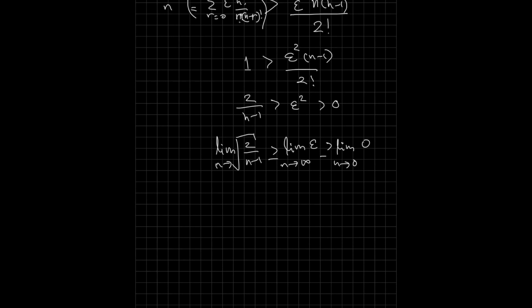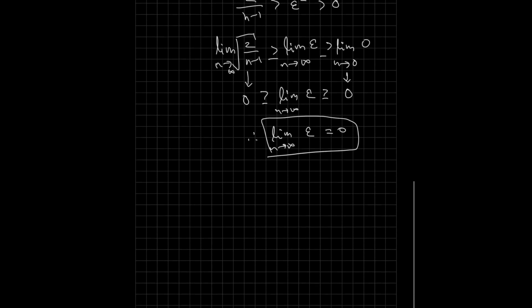And now, because we know the limits on the left and on the right, this limit just goes to 0, and this limit just goes to 0. Therefore, the limit as n approaches infinity of epsilon is equal to 0.